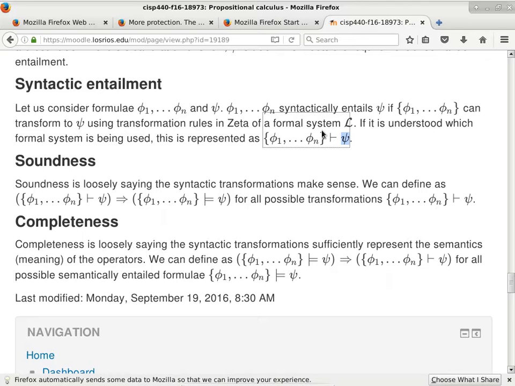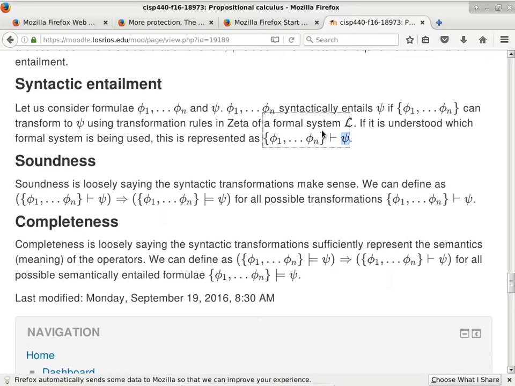But isn't semantic just the truth table thing, where you have zeros and ones? Yes, but that's based on how we define the operators. But zeta does not have to match that. Yeah, I didn't say that I had to match that.